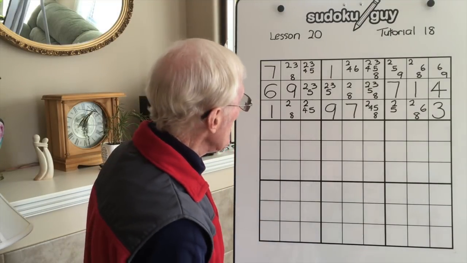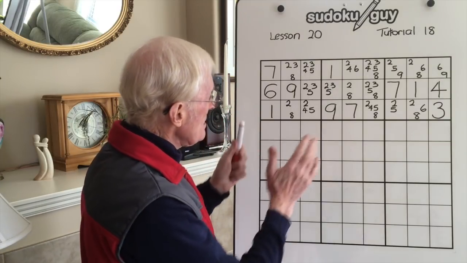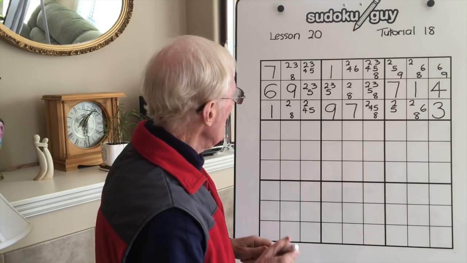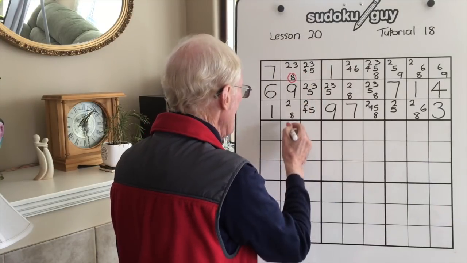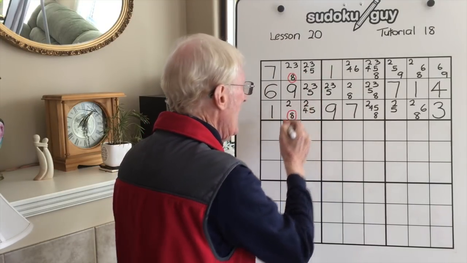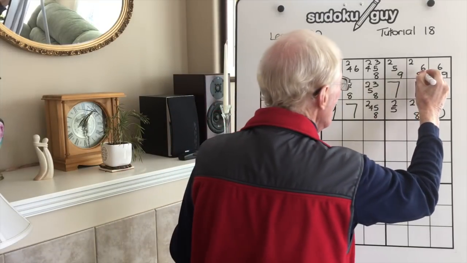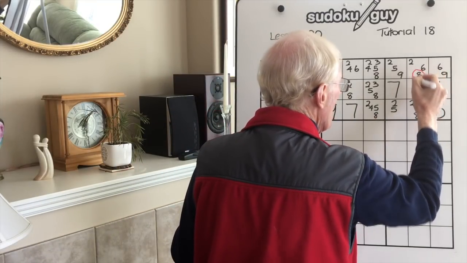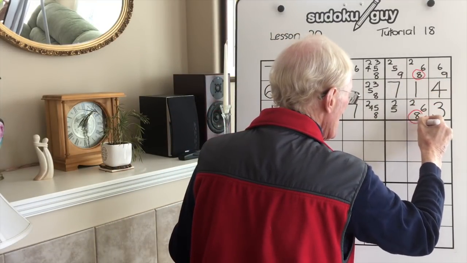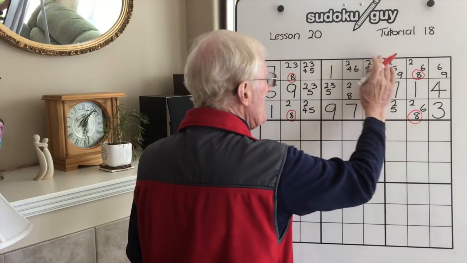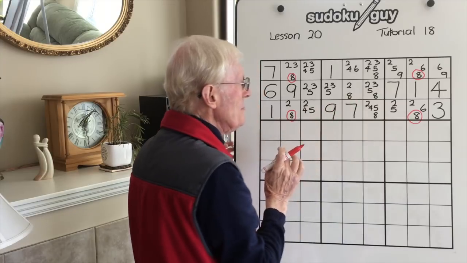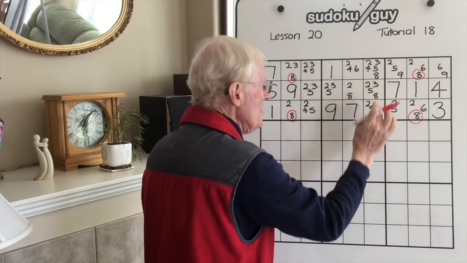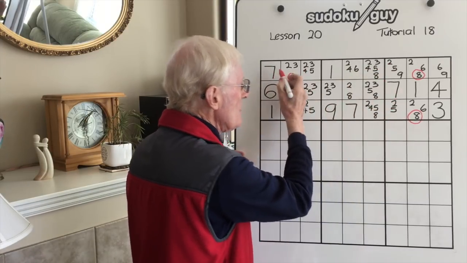Now, let's look at this. When I looked at this after a while, I suddenly noticed that here we have an 8, here we have an 8, and over here we have an 8, and over here we have an 8, which tells me that anything in the middle here has to be an 8, but these 8s are not 8s because this is a diagonal cross.